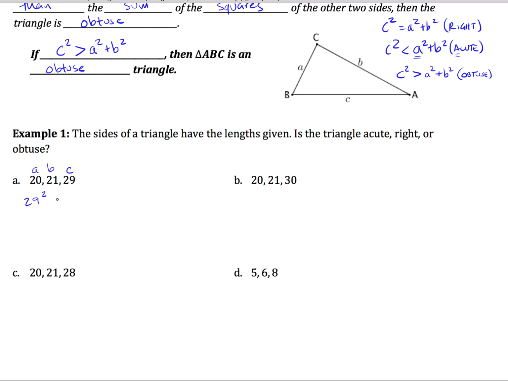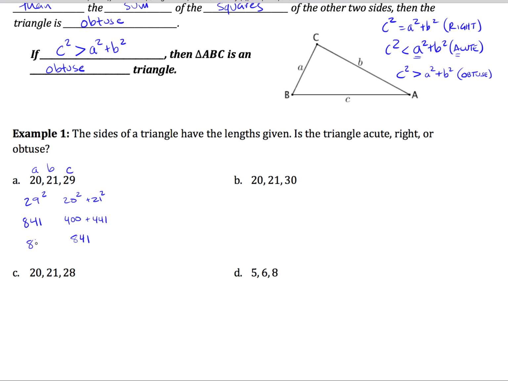So we're going to compare 29 squared to 20 squared plus 21 squared. Now 29 squared is going to give us 841. 20 squared plus 21 squared, well, 20 squared is 400, and 21 squared is 441. So 400 plus 441 is going to give us 841.